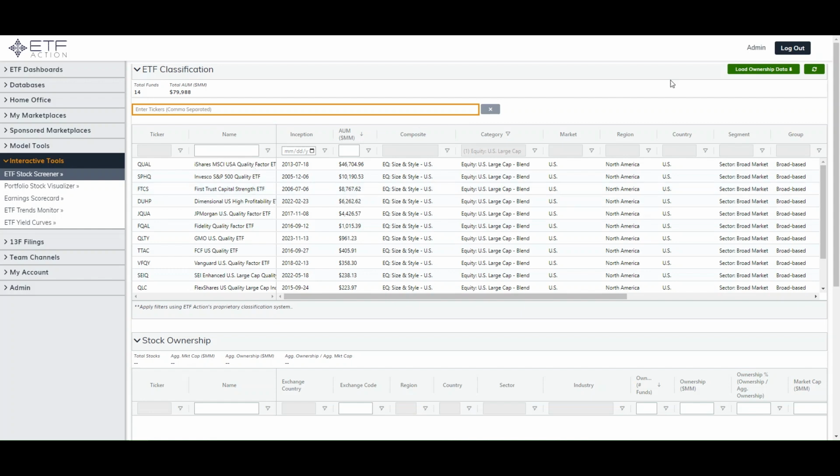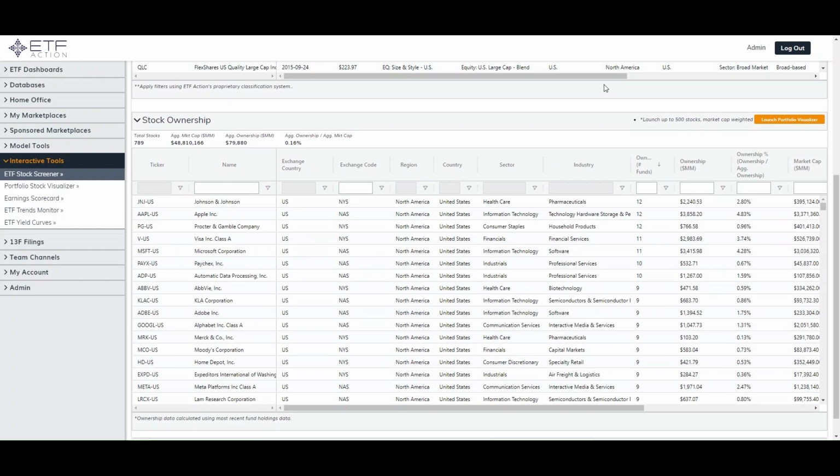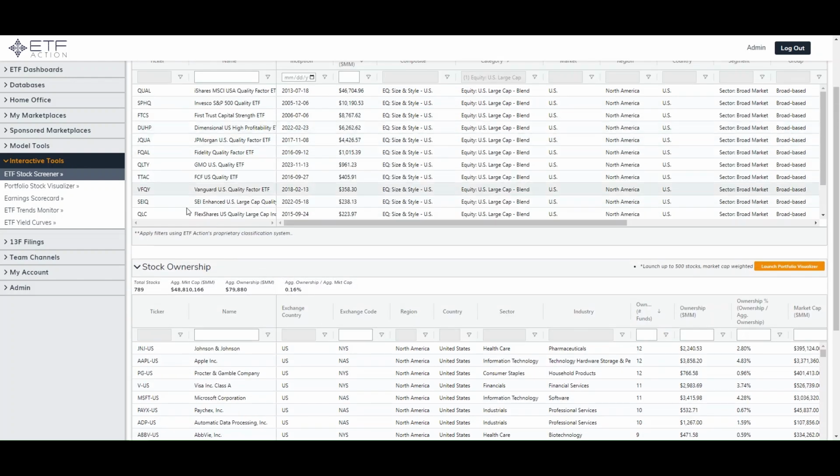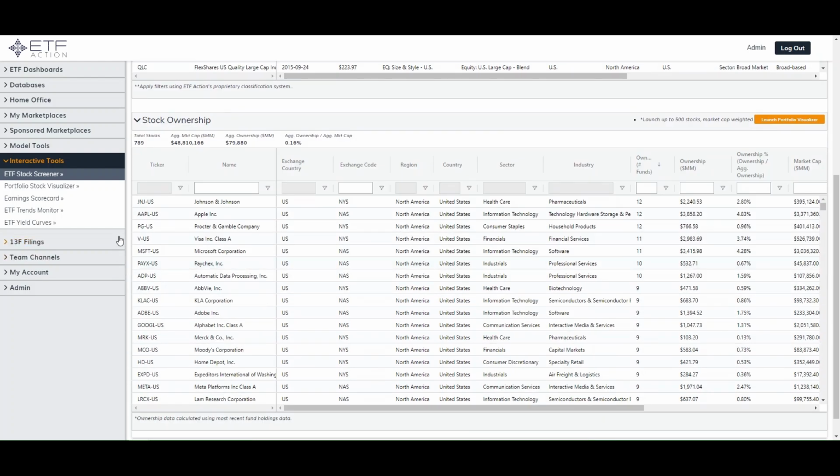So what we're going to do is load the ownership data. And what we have down here is 789 stocks total in these 14 funds. If we wanted to look at the most prevalent out of the 14 funds, we are sorting by number of funds right now.